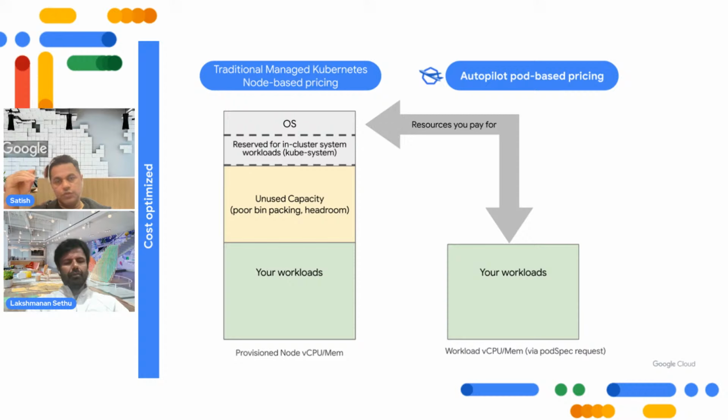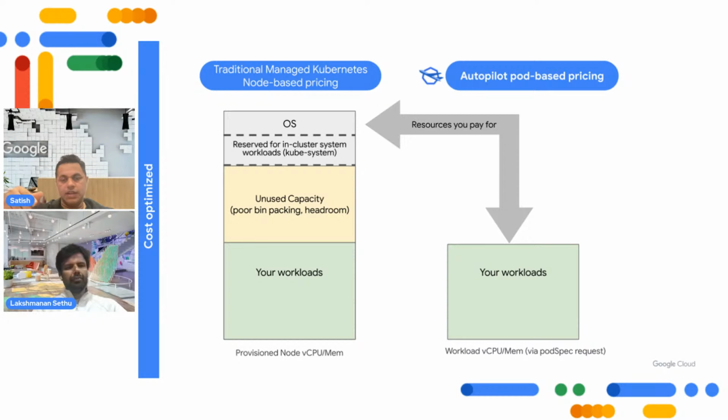However, with Autopilot, the portion that you really don't care about is gone, and you are using only your workloads. You want to run your pods, you want the capacity, and you are happy to pay for the capacity that you are using. That's where Autopilot's pod-based pricing makes a lot of sense.